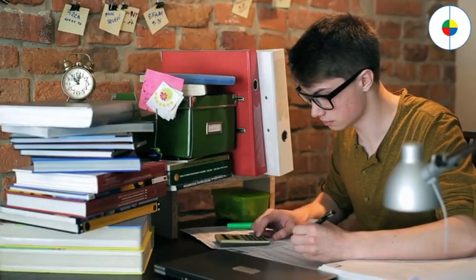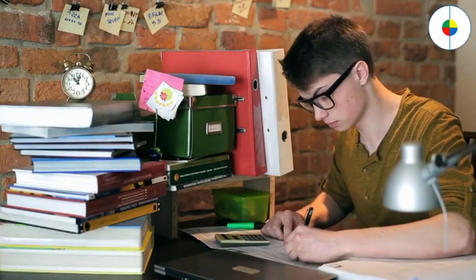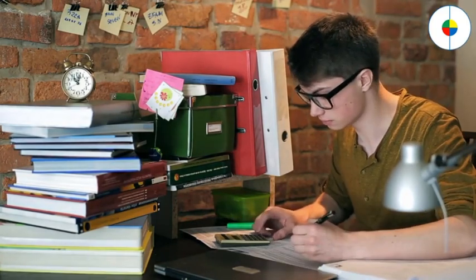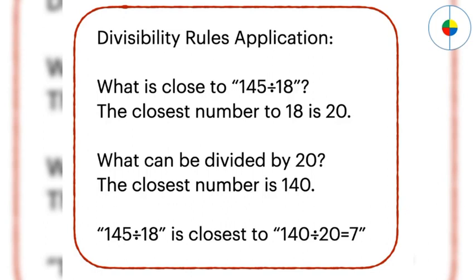If there is no remainder, it would be much easier. But how would you guess if you don't know if there will be a remainder? You need to apply the divisibility rule. Divisible by 2: 145 over 18 can be converted to 140 over 20. Divisible by 3: 168 over 27 can be converted to 150 over 30. Divisible by 5: 387 over 46 can be converted to 400 over 50.